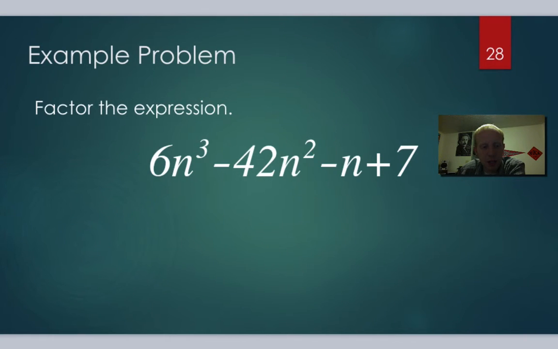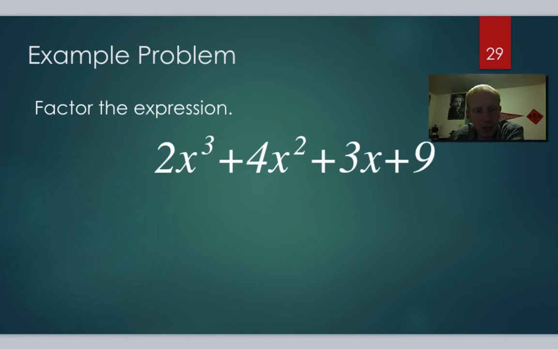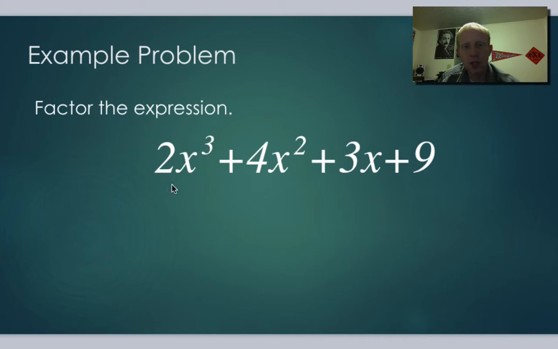So let's look at another scenario. We've got 2x cubed plus 4x squared plus 3x plus 9. We're going to do the factor by grouping method, so we need to separate our expression into two parts and then factor out the common terms.